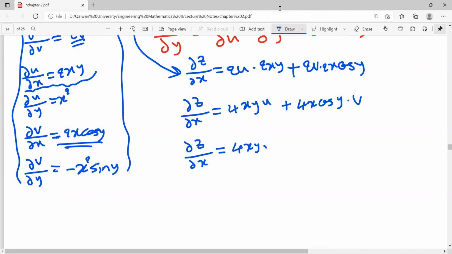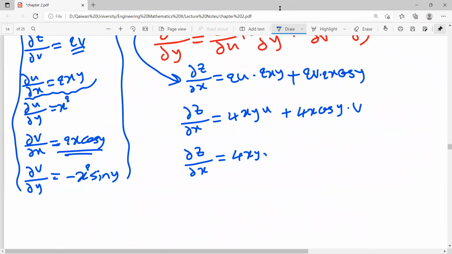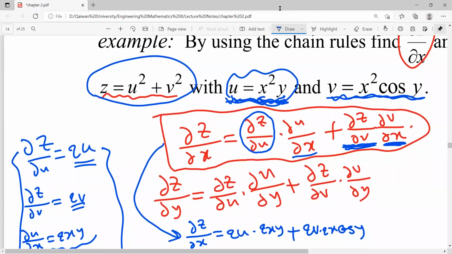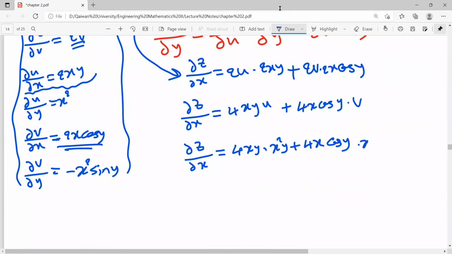Partial z by partial x equals 4xy times u, which is x squared y, plus 4x cosine y times v, which is x squared cosine y.